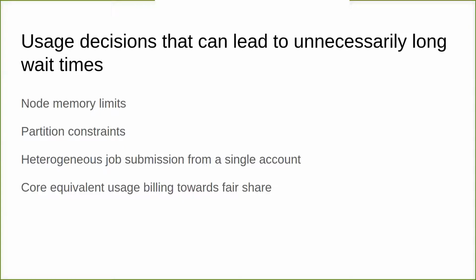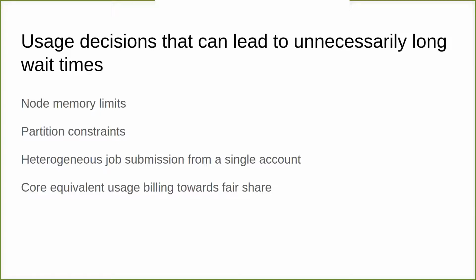This can happen both because of partitioning, but also because of the actual hardware that's available on nodes. For example, we have hundreds of nodes with 128 gigs of memory, but very few with 256 gigs. If you're submitting jobs that trigger the requirement of 256 gigs, your wait times are likely going to go up.